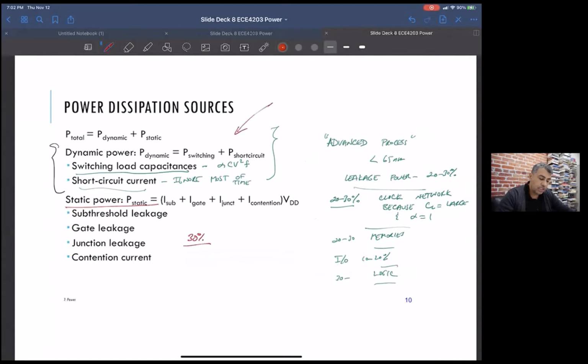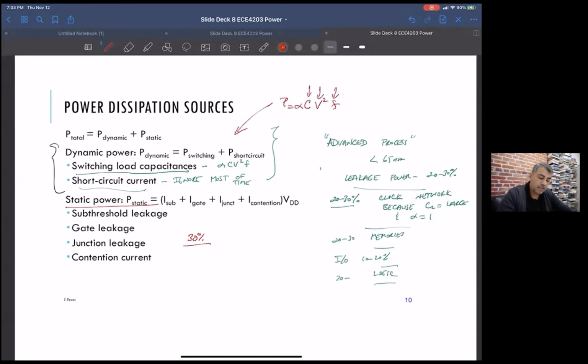And when you're looking at dynamic power, the only equation you have to worry about is C V squared F times alpha. So capacitance, your supply voltage squared, and your switching frequency.